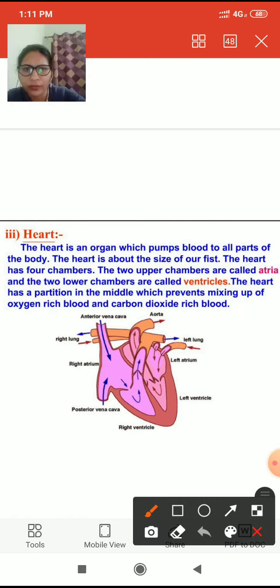And now you can see the parts of the heart: aorta, left lung, and left atrium, left ventricle, this is right ventricle. This left ventricle is this one, and right ventricle is this one. Understand?